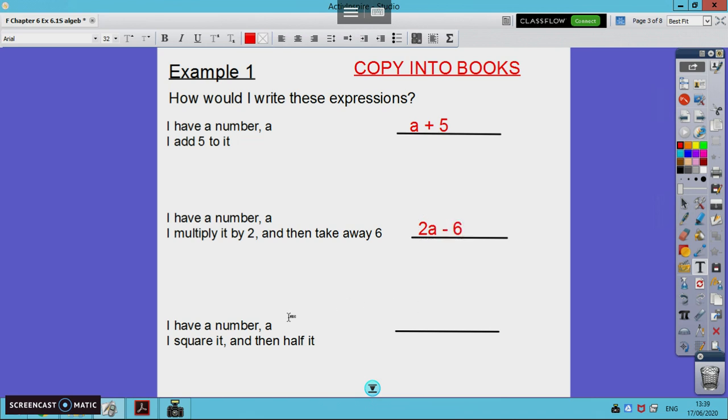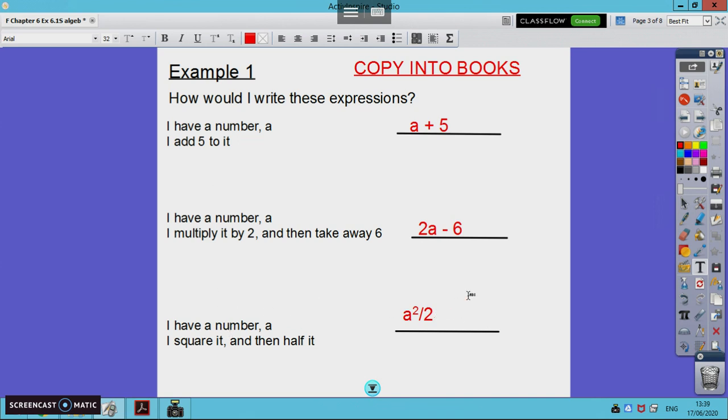I have a number A, I square it, and then I half it. First of all, we've got to square A, so A times A, which means A squared, and then we've got to half it, so divide it by 2. That would be A squared over 2. These are 3 little examples of how we would write algebraic expressions from sentences.